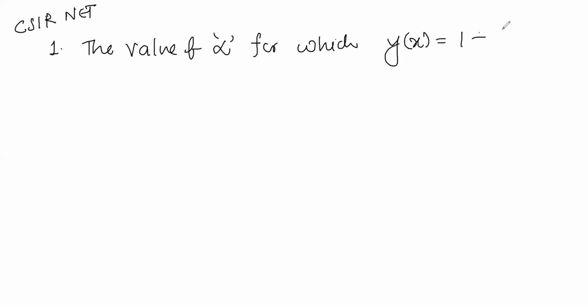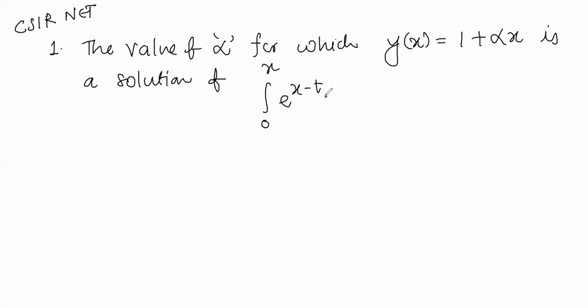They're saying the value of alpha for which y of x equals 1 plus alpha x is a solution of integral 0 to x e power x minus t y of t dt equals x.